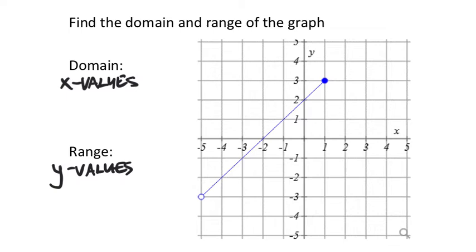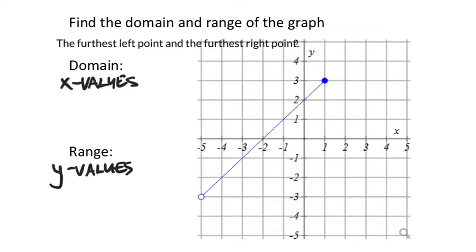We're really looking to the furthest left point and the furthest right point. We're looking left to right, okay? So I don't care that it goes up and down for my domain.